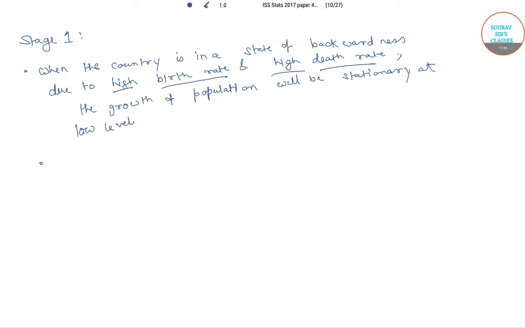Next, in the second stage, the birth rate remains unchanged as in the first stage but the death rate falls.